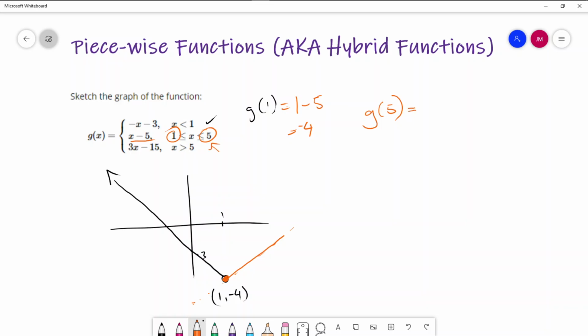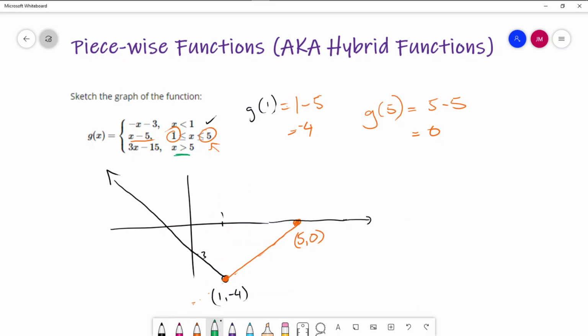I'm just substituting in the endpoints of the domain here. So when it's 5, it's going to equal that middle equation. So it's 5 minus 5, which equals 0. So up here, and it's equal to, so I'm going to have a colored in dot, it's going to get to (5, 0).